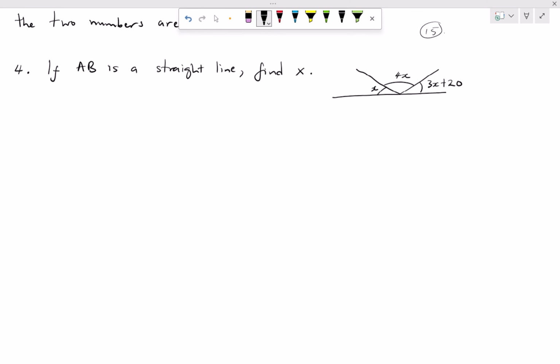And we know that our angle on a straight line is equal to 180 degrees. So we are going to add x plus 4x plus 3x plus 20, and these give us 180.